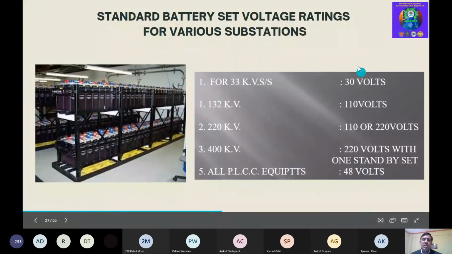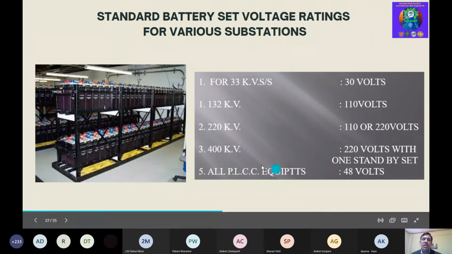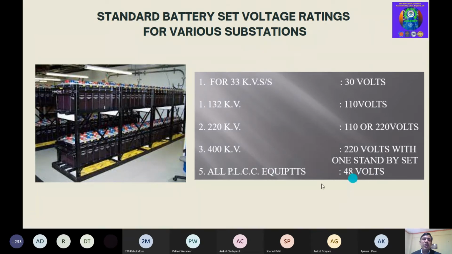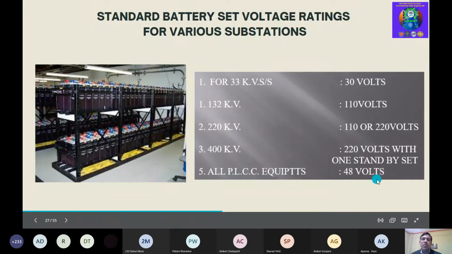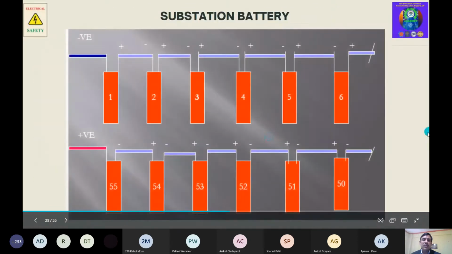As per the substation voltage level, you can go for different types of battery. Like for 33 kV, you will have only 30 volts, 132 kV, 110 volt, 220 kV, 110 or 220 volt, 400 kV, 220 volts. And for communication and SCADA, you use 48 volt. So this is the arrangement of a battery at different voltage levels.